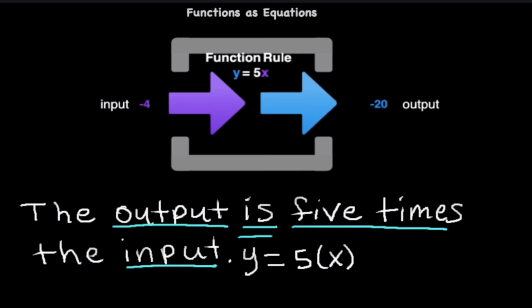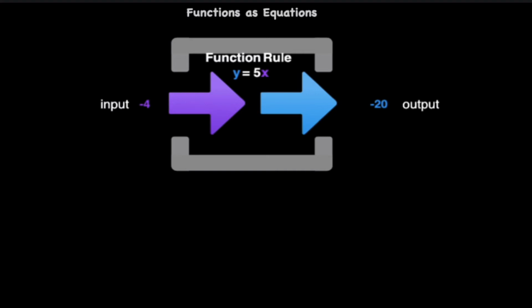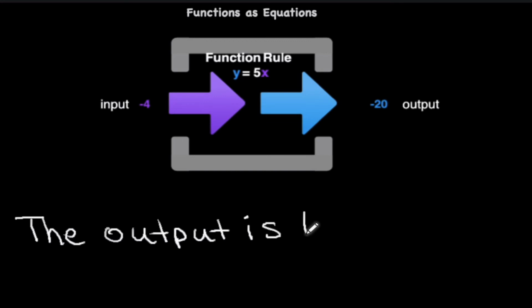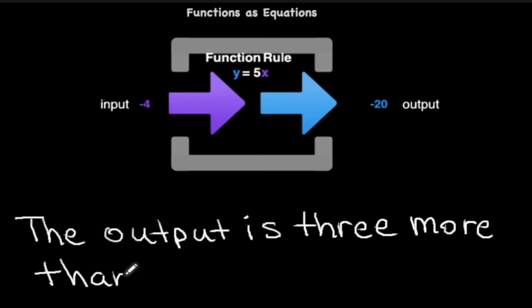All right, so let's go ahead and write a function rule for the output is 3 more than the input. Okay, so here we have this verbal phrase: the output is 3 more than the input.